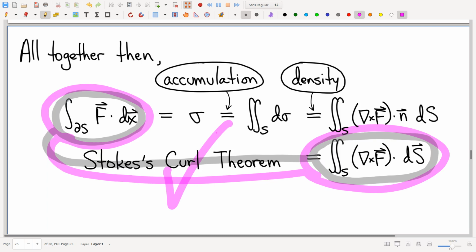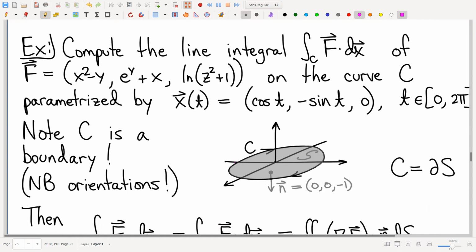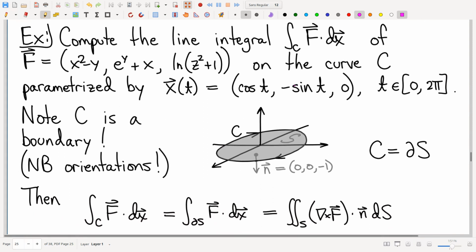All right, so let's use it. Let's do one. Y'all are probably going to recognize the pattern of this example. This is not exactly like our first example of Green's theorem, but it's really similar. So vector field given, parametrized curve given. The question is to compute this line integral.